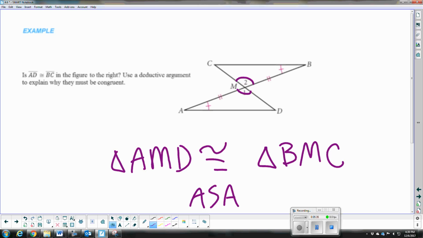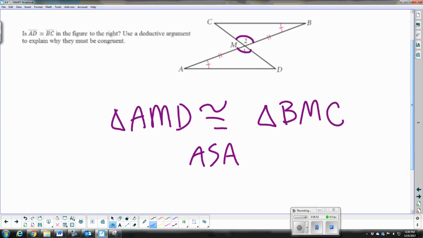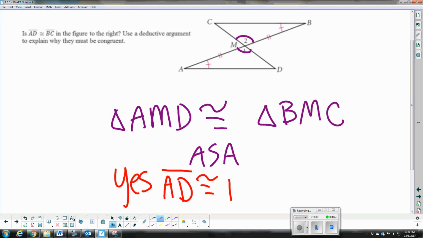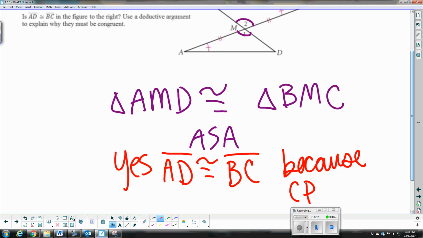So that's our first step. Now, that's not really the question. The question is, is AD congruent to BC? Well, AD and BC are corresponding parts of those triangles. It's a corresponding segment. So we can say that yes, AD is congruent to BC because if two triangles are congruent, then corresponding parts of those congruent triangles are congruent.